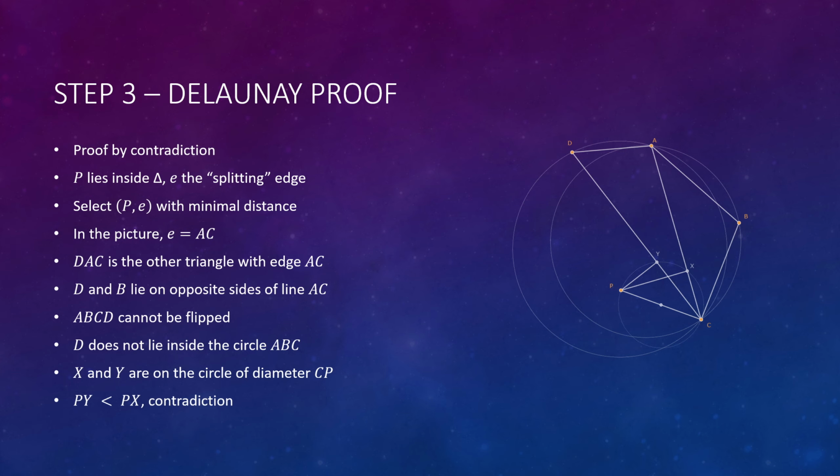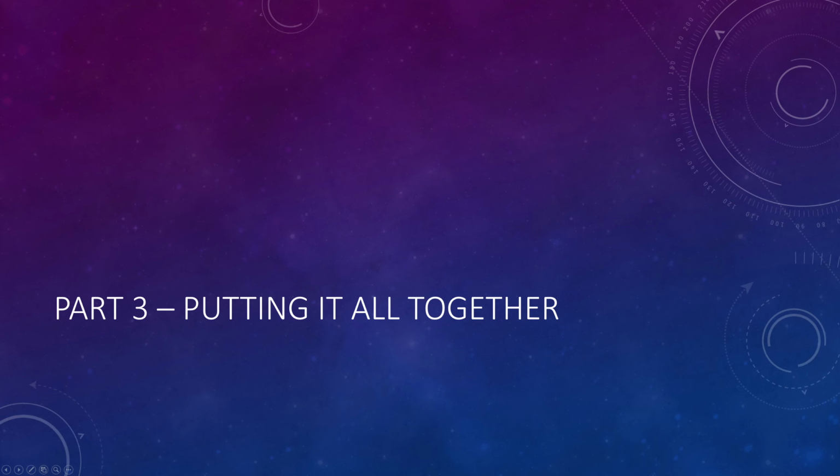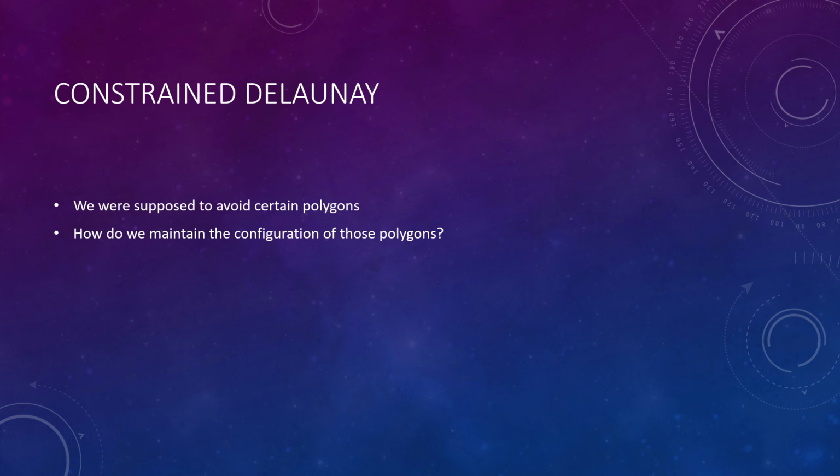In the next part we're going to put it all together. The first thing that comes to mind when we try to put it all together is that we were supposed to avoid certain polygons. That was the idea. Those polygons were standing for obstacles. So how do we maintain the configuration of those polygons?